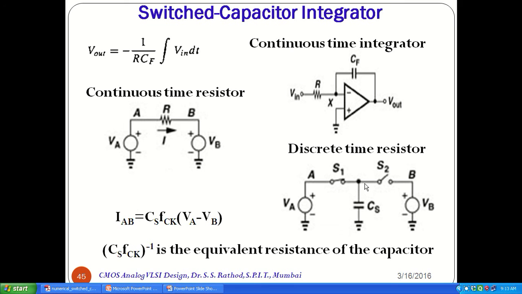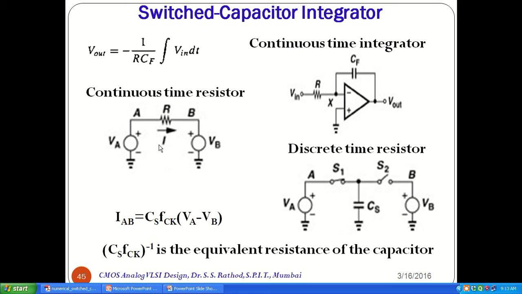So what is the formula for current through AB here? It is nothing but C dV by dt, that means CS times the derivative of voltage at A minus voltage at B upon dt. So 1 upon dt is nothing but FCK. Thus we can write the current IAB through this network as CS FCK (VA minus VB).